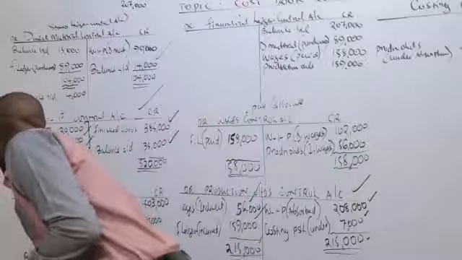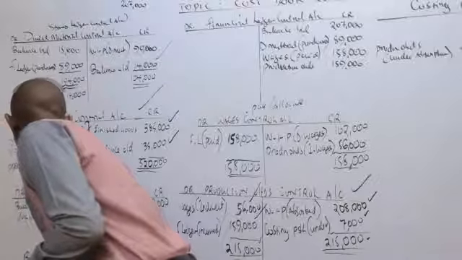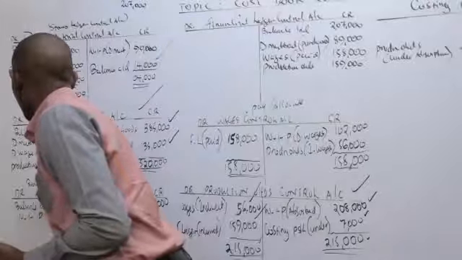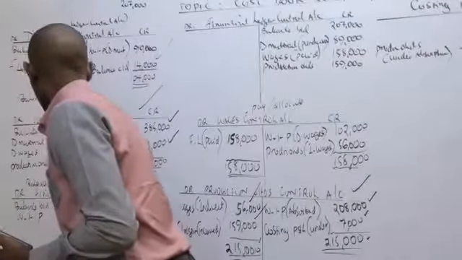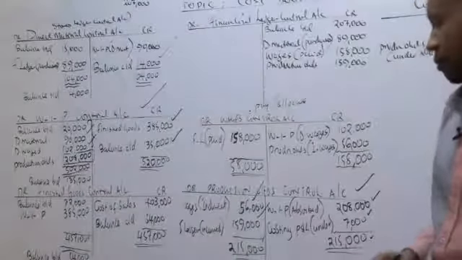So you have balance brought down of 54. I also had a balance brought down in the work in progress. So I will not forget to put that down. I have just brought the balance down here. I also needed to bring down this balance of 135 in the work in progress account.